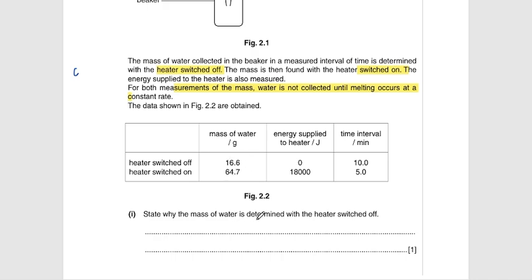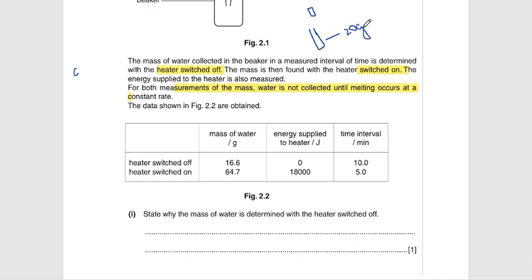State why the mass of water is determined with the heater switched off. Essentially the purpose of this experiment is to see how much water was collected when the heater was on. Let's say I have an ice cube and I put a heater in front of it, and the final mass of water in that glass becomes, let's say, 20 grams.